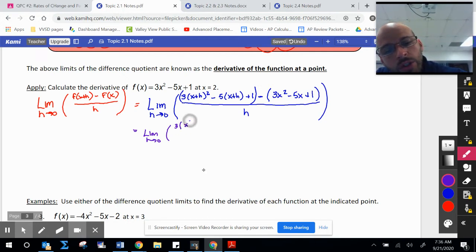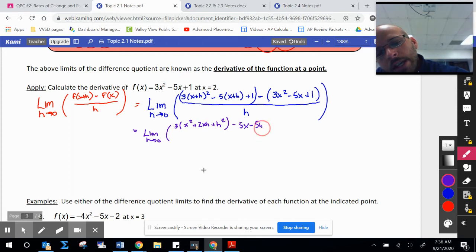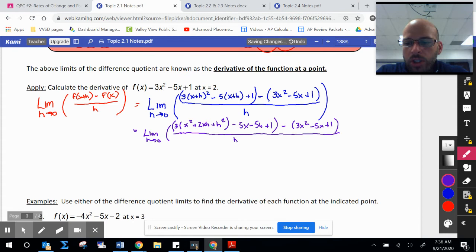If you know the shortcut for squaring a binomial, it's the first term squared plus double the product plus the last term squared, minus 5x minus 5h plus 1. Be very careful with your negatives. Then I still have a minus 3x squared minus 5x plus 1, all over h.